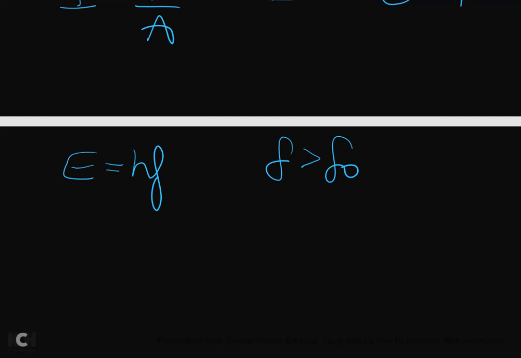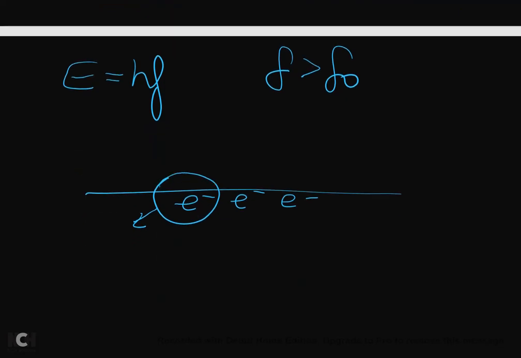Now the threshold frequency is a minimum frequency at which you have a minimum energy. Now, if you consider the surface itself, in order for the electrons to be emitted, they must absorb a certain amount of energy that is used to overcome the forces that hold them within the atom. And that energy is called the work function, right?